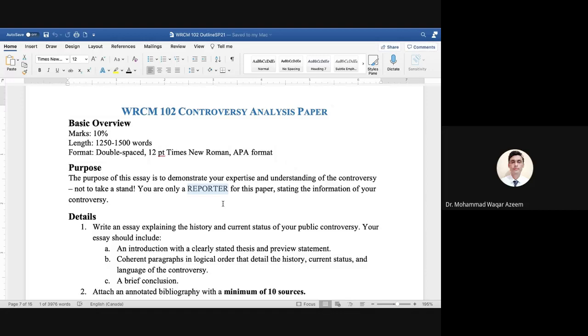There are reporters working with various media channels, right? Their job is to describe what they see. They cannot add much from their own side. They only have to describe objectively what they see happening at a particular spot. That is exactly what you are going to do.